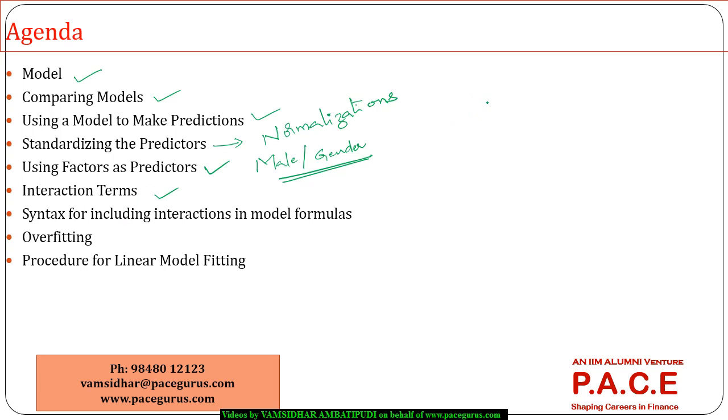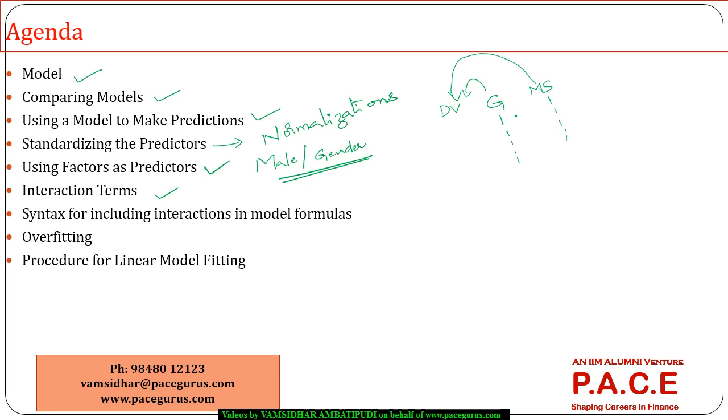So when I'm using interaction terms, let's say gender alone might influence my dependent variable. Along with that, let's say marital status alone can influence the dependent variable.